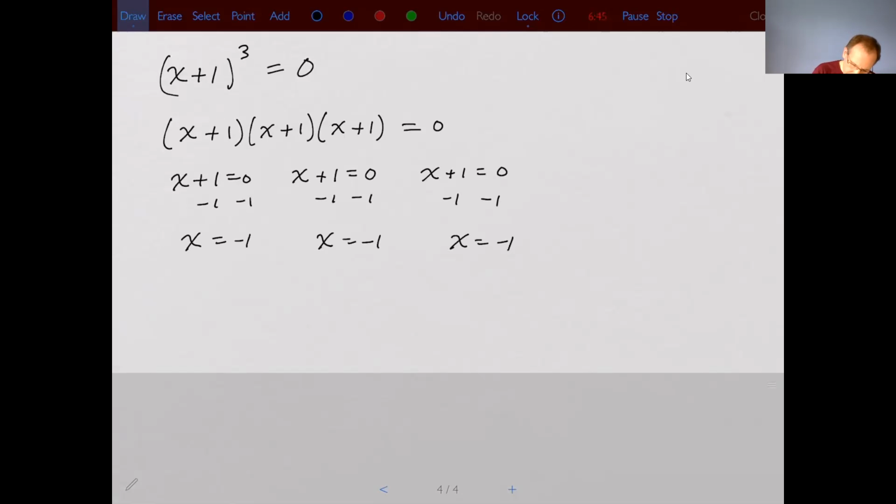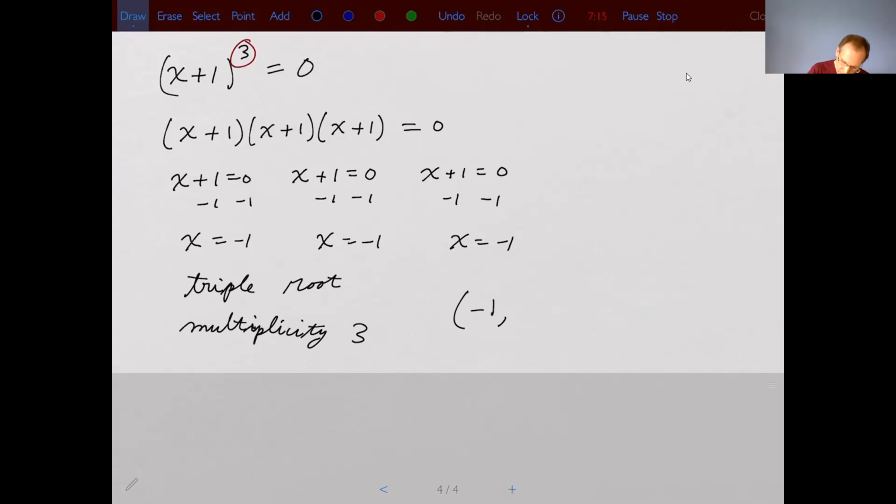But because of this 3 here, the cube term, this is often called a triple root, or multiplicity 3. So we call this a triple root, and we say it has multiplicity 3. But the actual location of that horizontal intercept is going to be (-1, 0).